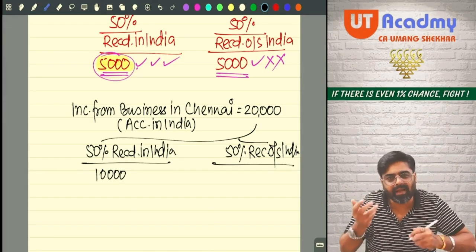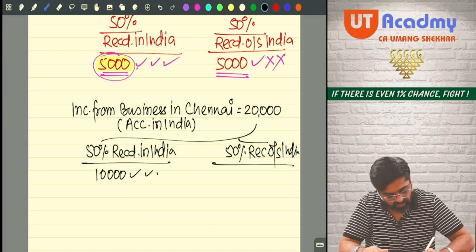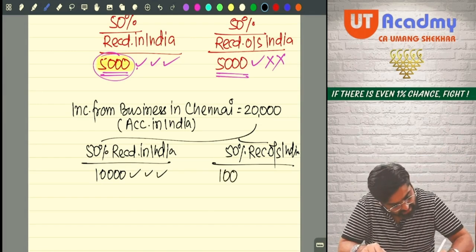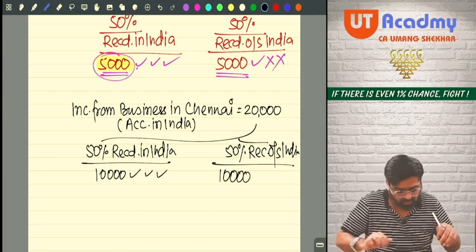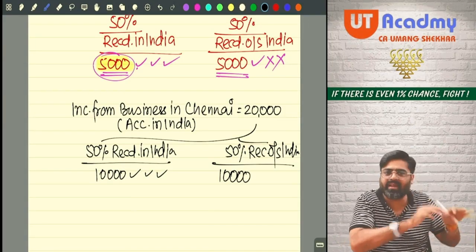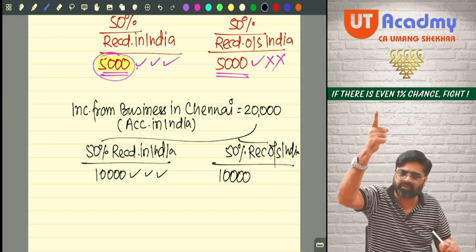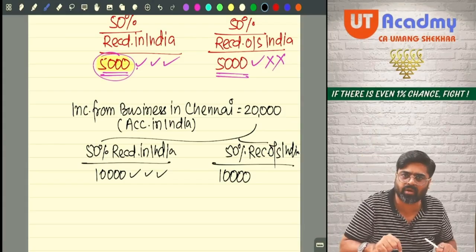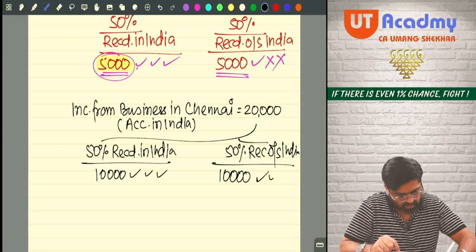Which income? Indian income. The balance 10,000, even though received outside India, since it was accrued in India, is Indian income, no?